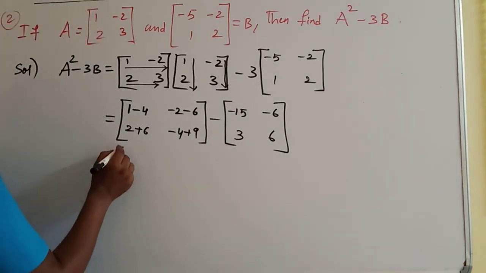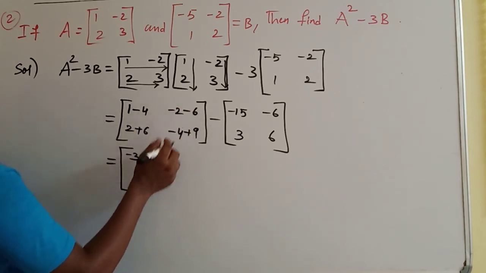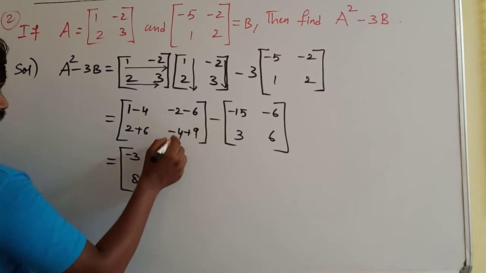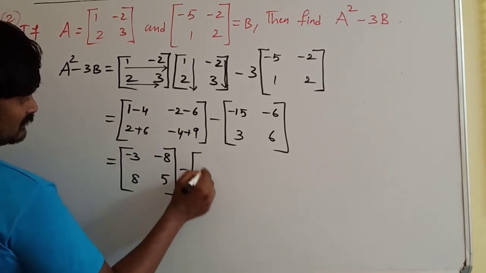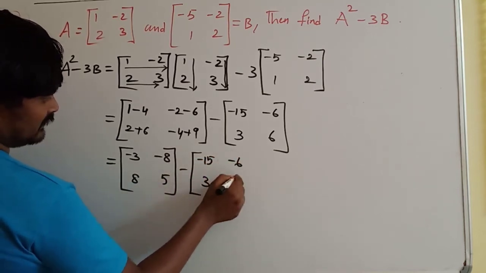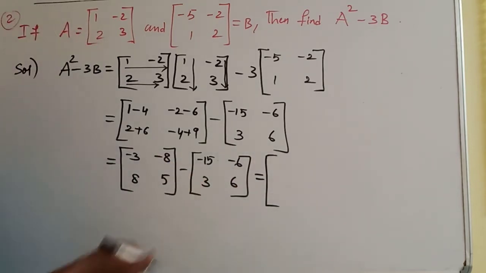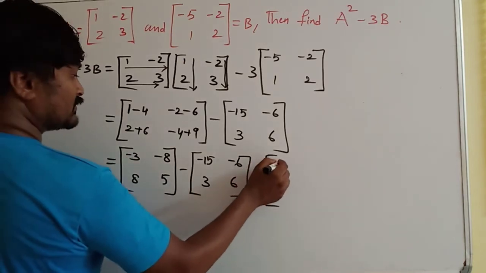Now we have [-3, -6; 8, 9] minus [-15, -6; 3, 6]. Just subtract each element. Minus 3 minus of minus 15 is plus 15, so 15 minus 3 is 12.